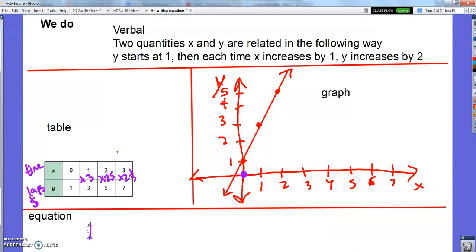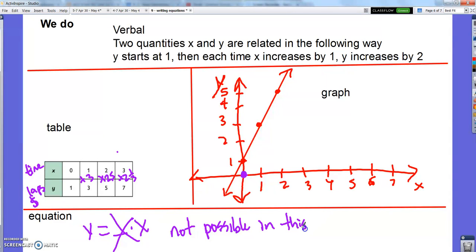There's no way for me to say y equals something times x. I can't just say times 3 or times 2.5. I can't do that. So it's not possible in this form. There is an equation you can write for it, but you can't write it in the proportional form. So we're just not going to worry about it for the time being.